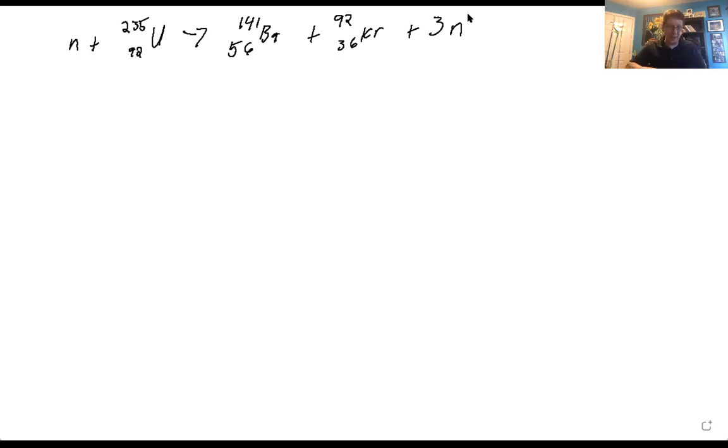So again, we start with the neutron. Actually, we don't start with the neutron. We'll just subtract 2 of this value, and we'll start with uranium-235. Uranium-235 is 235.043930.